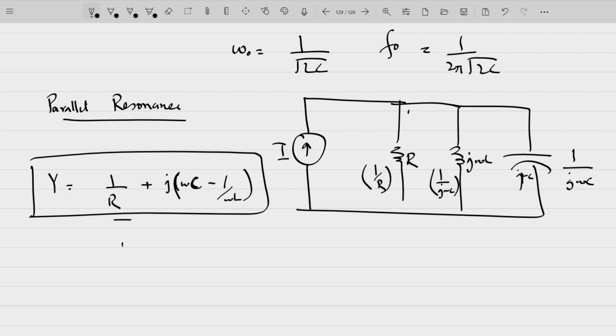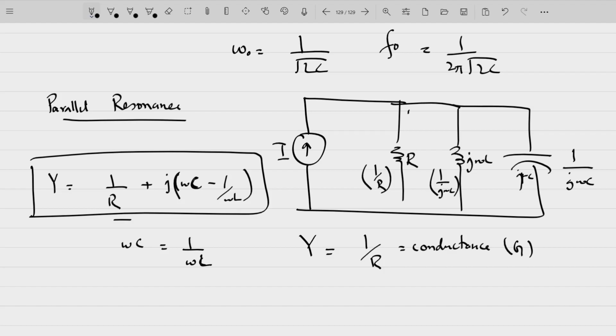Now at a particular point when omega C is equal to 1 by omega L, what happens is admittance is equal to 1 by R, or you can say simply conductance. ठीक है, denoted by actually G. So if your admittance of the system is simply equal to the conductance of the system, that means it becomes a purely conductive circuit without having any inductive susceptance or capacitive susceptance in the circuit, because they cancel out each other's effect.